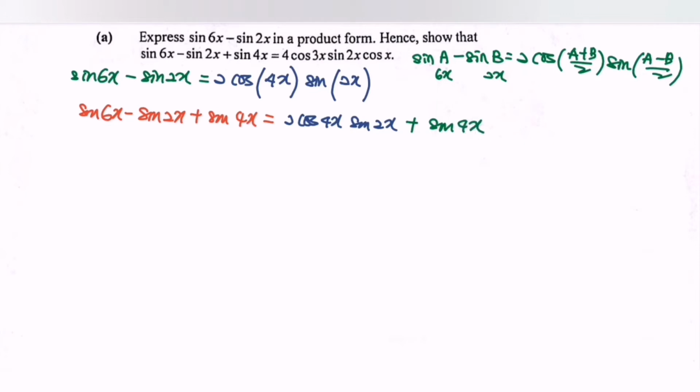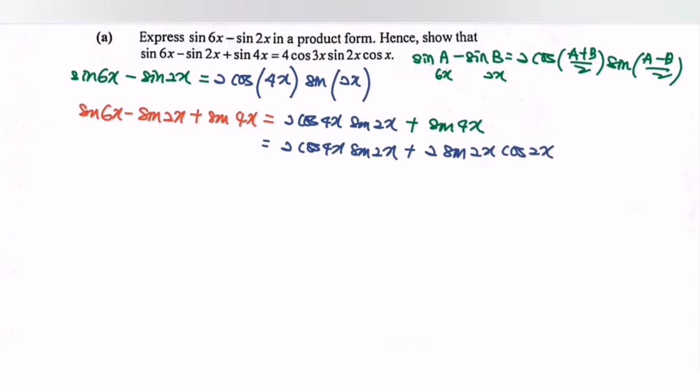As we can see, we need to show the situation, so here we focus on the sine 4x. Based on the double angle, sine 4x is equal to 2 sine 2x cos 2x. So we will have plus 2 sine 2x cos 2x.